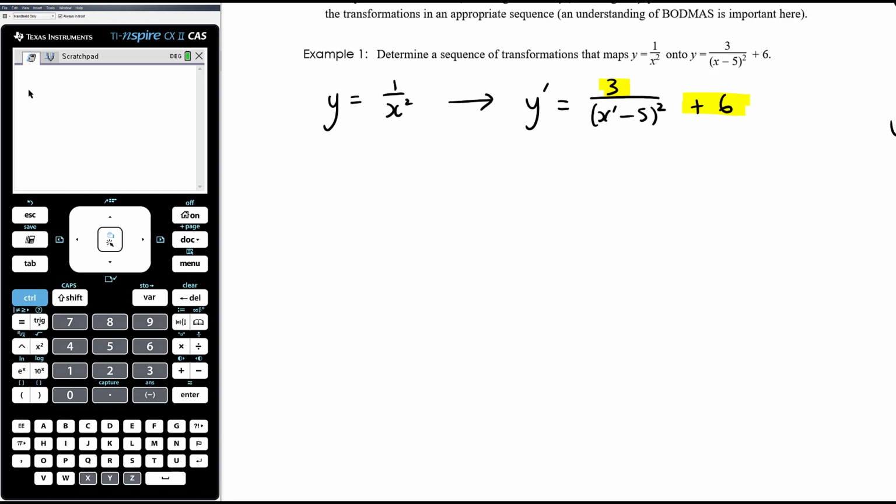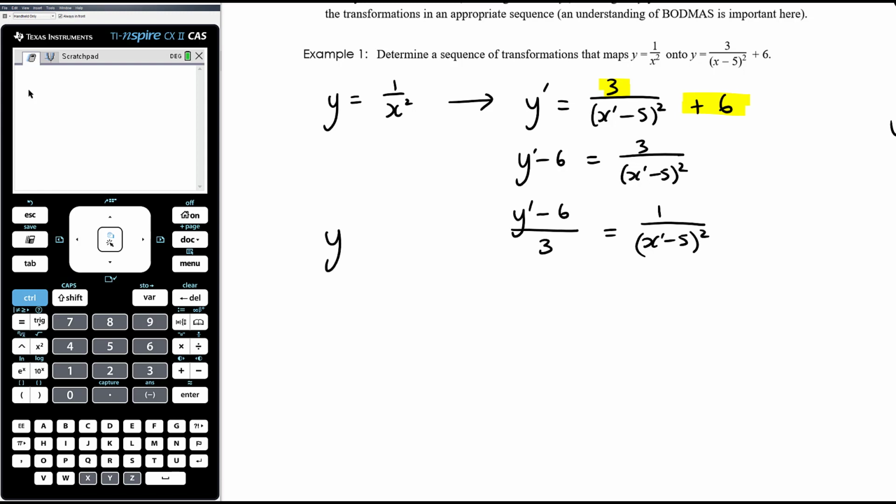We take away 6 from both sides, which gives y dash minus 6 equals 3 over x dash minus 5 all squared, and then we divide both sides by 3. So y dash minus 6 over 3 equals 1 over x dash minus 5 all squared.